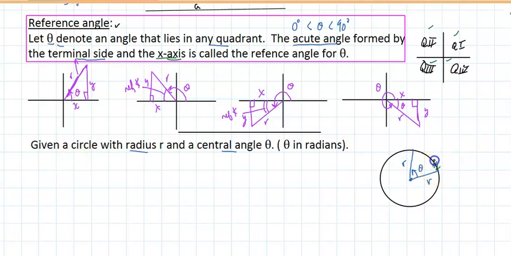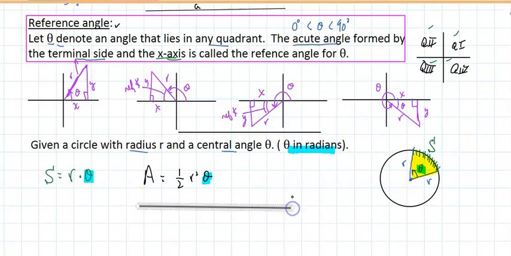If I take this arc, call it S. If I want to know what the length of S is, that is the radius times that angle theta. And if I want to know what this area is, and we need to know both of those, they call it the area of the sector. That is 1/2 r squared times theta. What's the catch? Theta must be in radians.